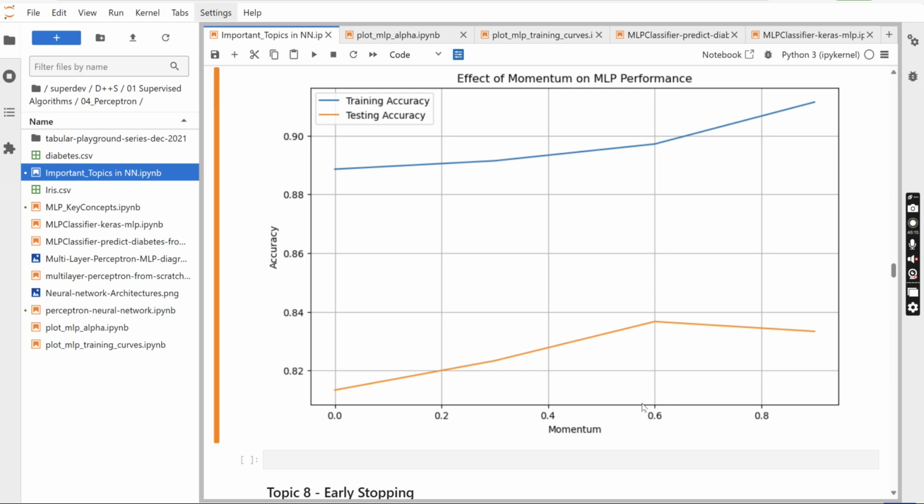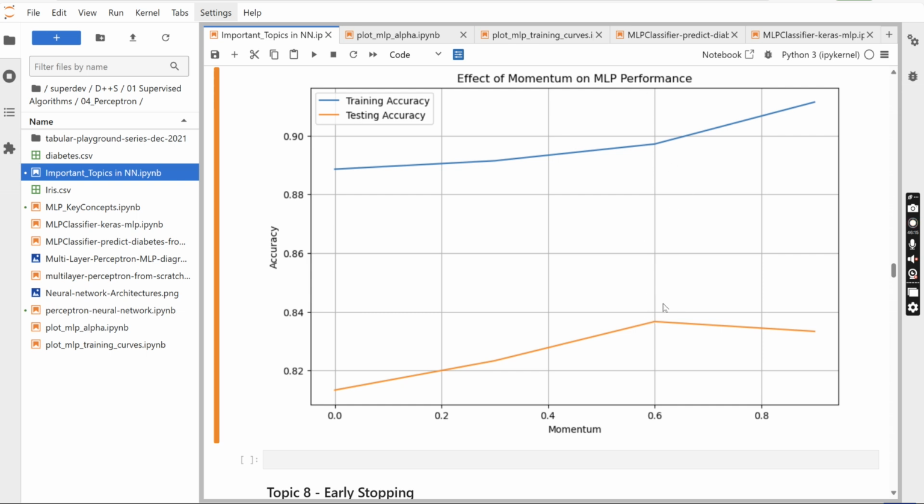So this was the better momentum value. 0.6 was the best momentum value. And when you increased it further, the model started overfitting. What is overfitting? Overfitting means higher training accuracy and lower testing or validation accuracy.